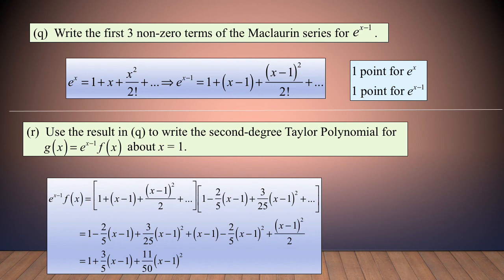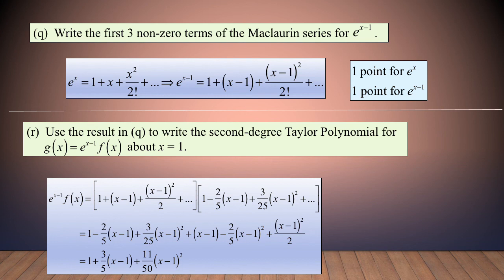We then multiply the x minus 1 times the first two terms of the second expression, and we get x minus 1 minus 2/5 x minus 1 quantity squared. And finally, we multiply in the first expression x minus 1 quantity squared over 2 times 1, getting x minus 1 quantity squared over 2.